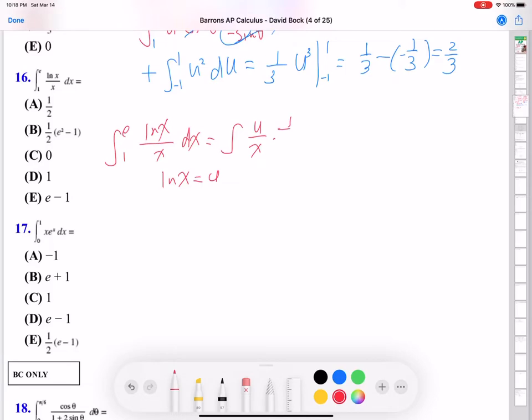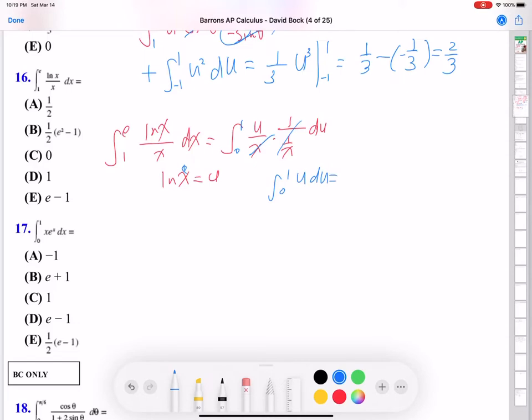That means 1 over derivative of u part, which is 1 over x in this case, and then du, and change those two numbers top and bottom to u value. So if x is 1, ln 1 is 0. If x is e, ln e is 1. So 0 to 1. And then these two numbers cross out. So that is integral 0 to 1 u du.